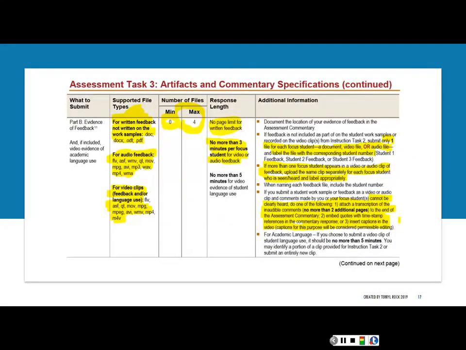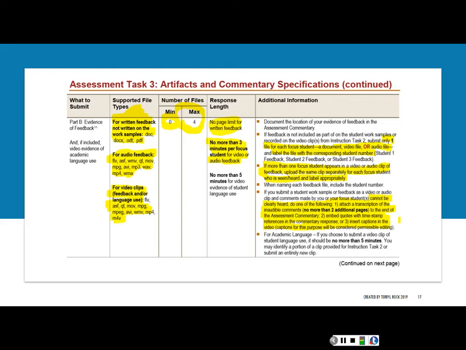Again, feedback. Look at your assessment task 3 evidence chart, part B, evidence of feedback. What is the minimum number of files for feedback files? 0. That's because you don't have to have feedback files, because your feedback could be where? On the work sample. So it is possible that you will have no feedback files.